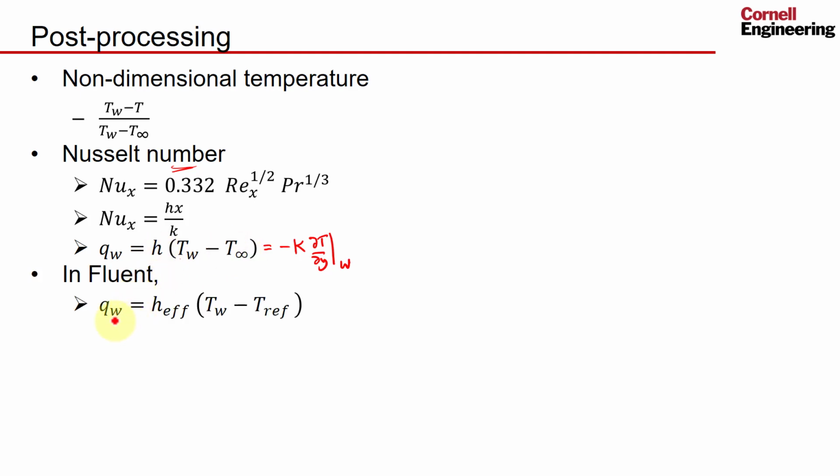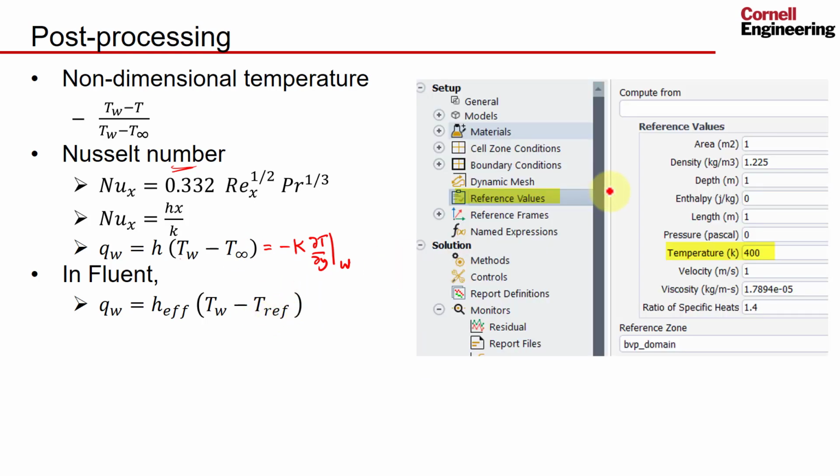Now in Fluent, the definition of H is as follows, which is very similar to this, except that it asks you for this input. It doesn't know what the ambient temperature is because it's problem dependent, so it asks you to supply that. That is done in the reference values panel.